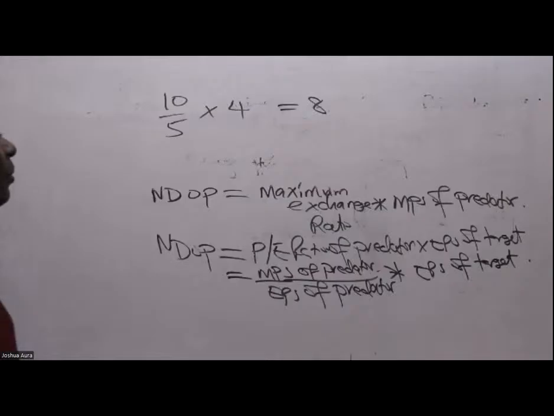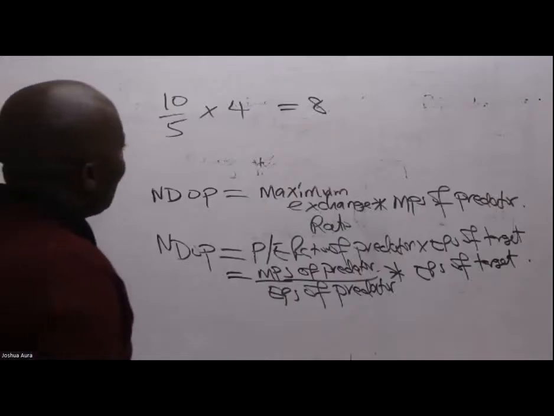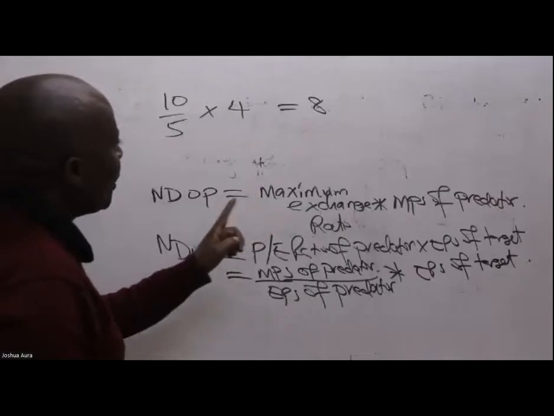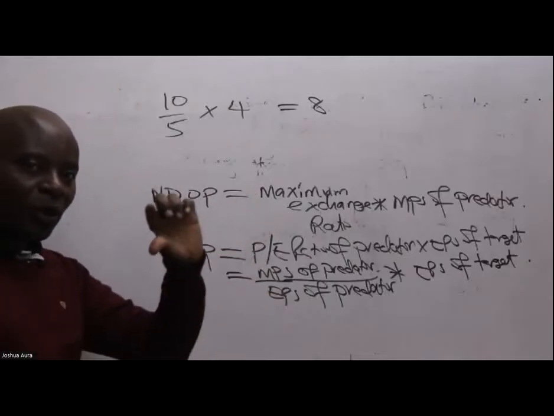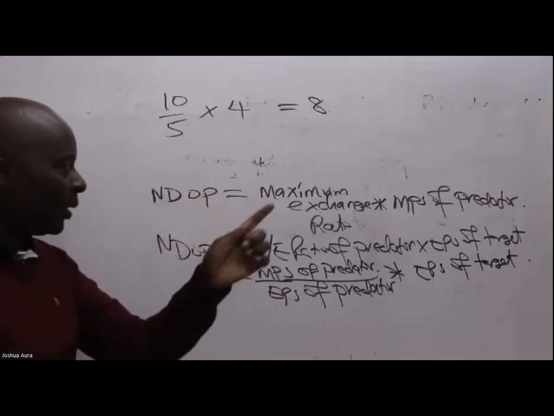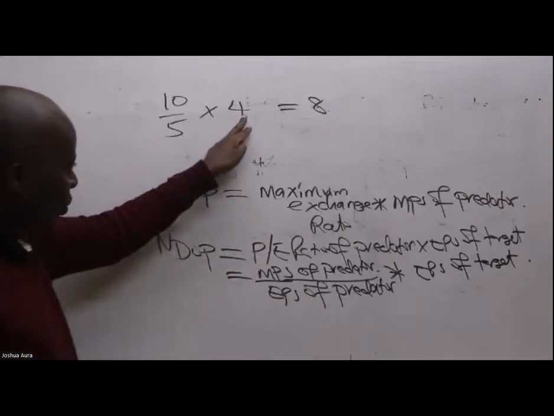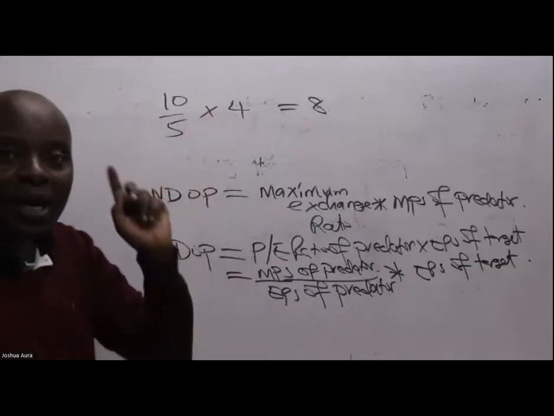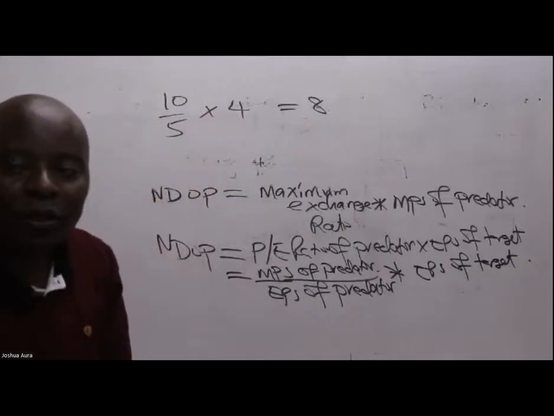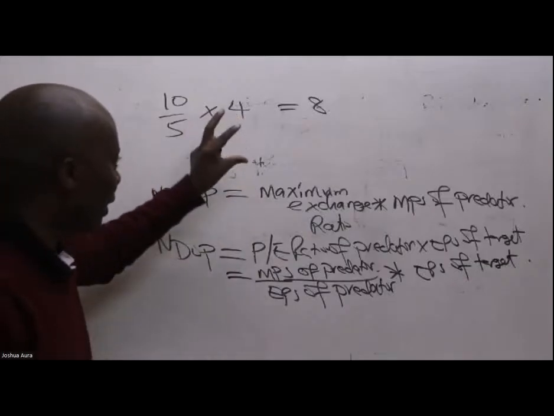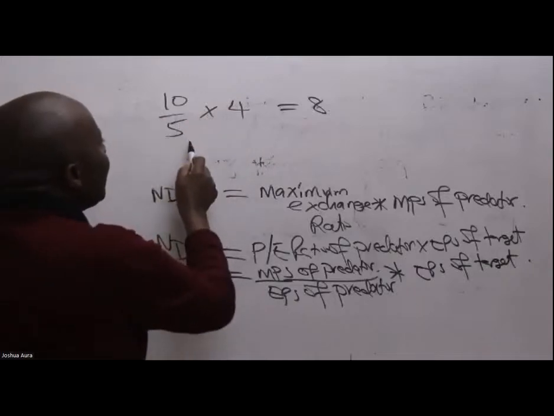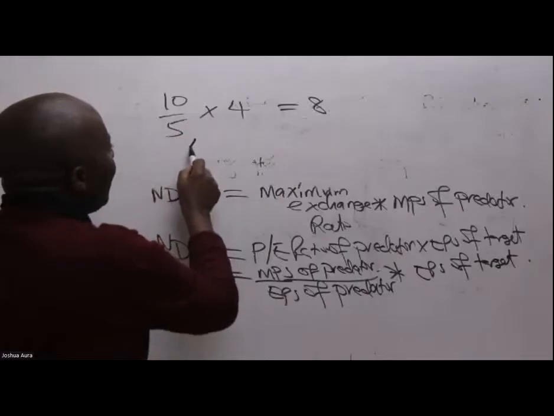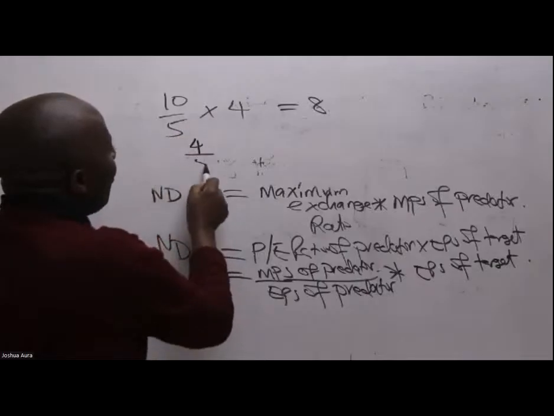And then, ladies and gentlemen, please listen to me very well. It's called the commutative law, where you can easily switch numbers. Whenever there is a multiplication, you can switch without breaking anybody's bone. So I can change this to 4 over 5 times 10.